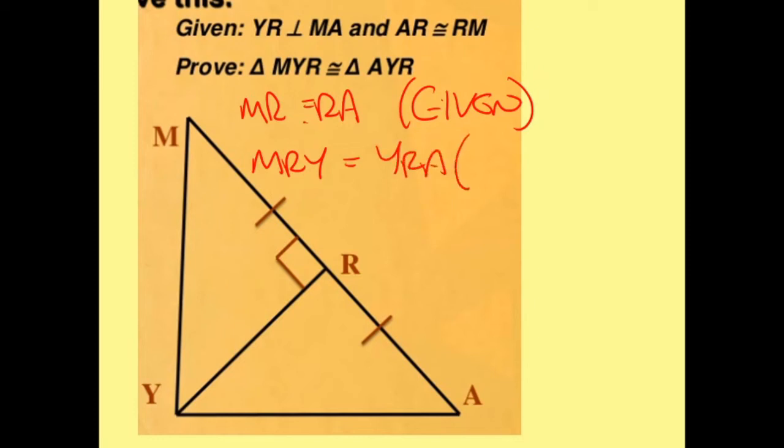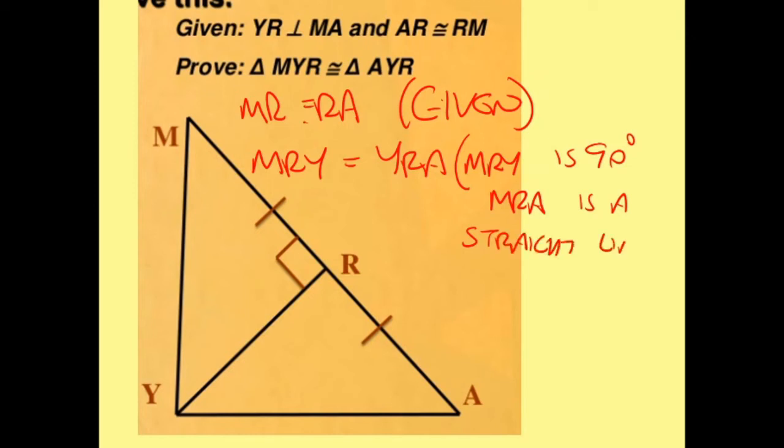And I'd say because MRY is 90 degrees, and I'm going to say MRA is a straight line, and because it's a straight line, this must also be 90. But make sure that you put that in your response. You just don't just assume that it is 90. Okay? And let's do the easy one, which I'll be honest, I always forget. RY has got to equal RY because they're shared.